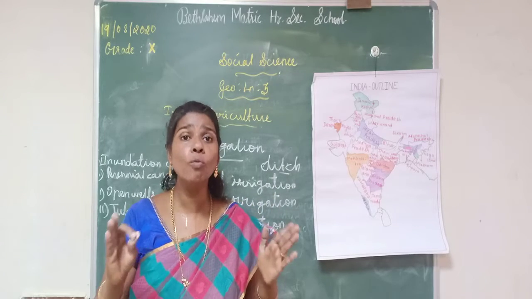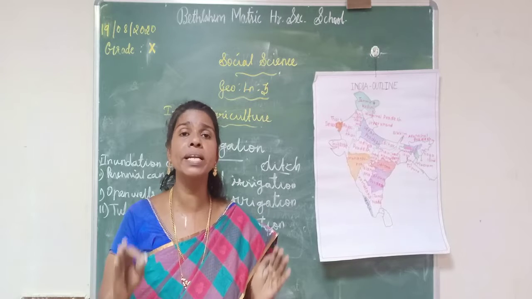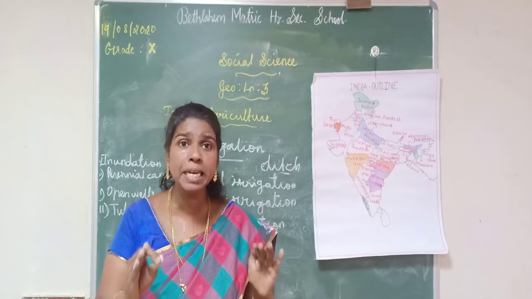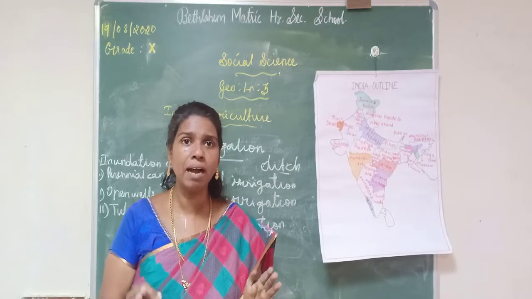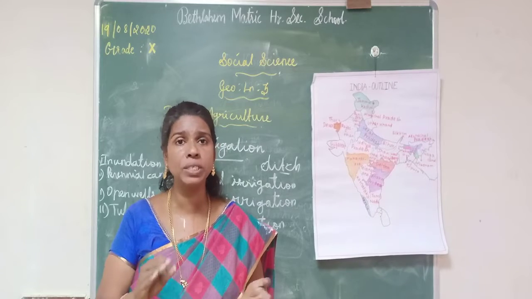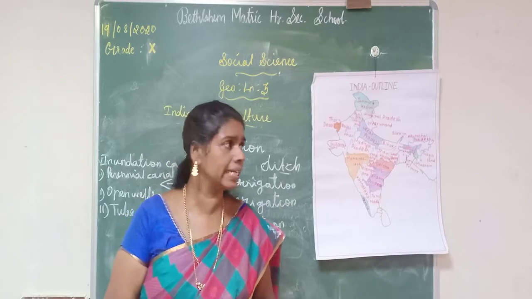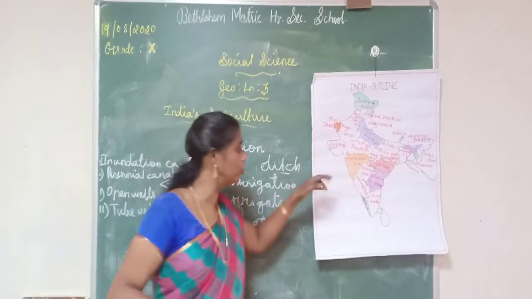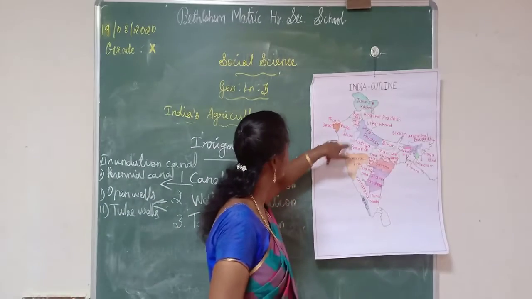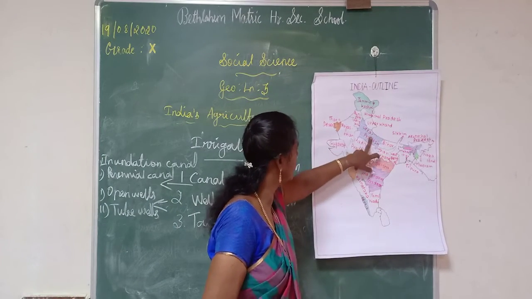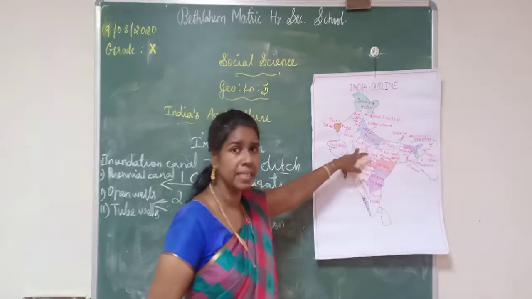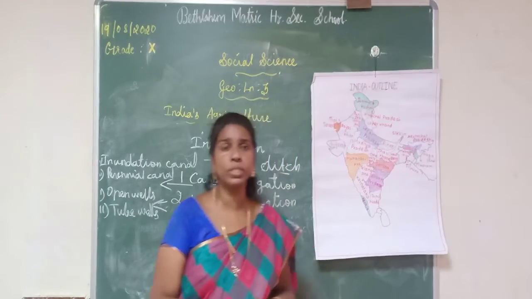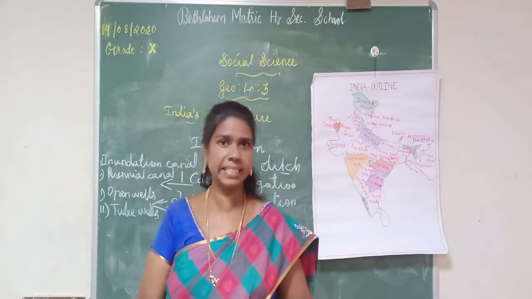This type of irrigation is mostly used where there is a low water table. In India, five leading states use it: Gujarat, Rajasthan, Uttar Pradesh, Bihar and Madhya Pradesh.